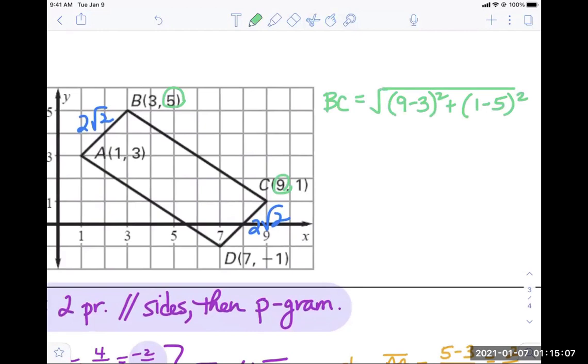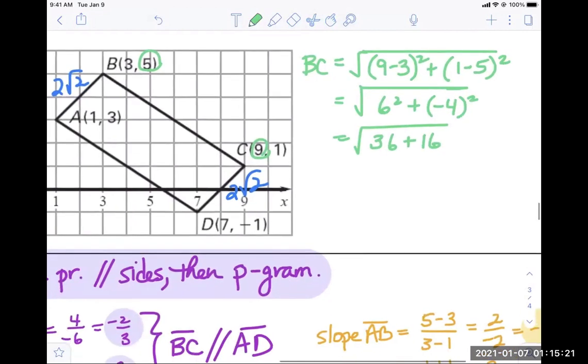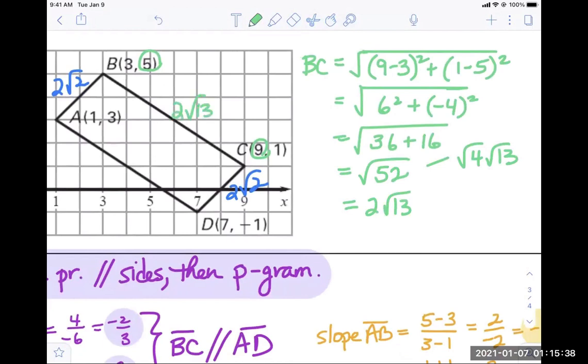With distance, you just have to make sure you group x's and you group y's. So this is 6 squared plus negative 4 squared, square root of 36 plus positive 16 is the square root of 52. Okay, square root of 52 is 4 times 13, so that'll be 2 root 13. So this side's 2 root 13, and the other one better turn out to be the same.